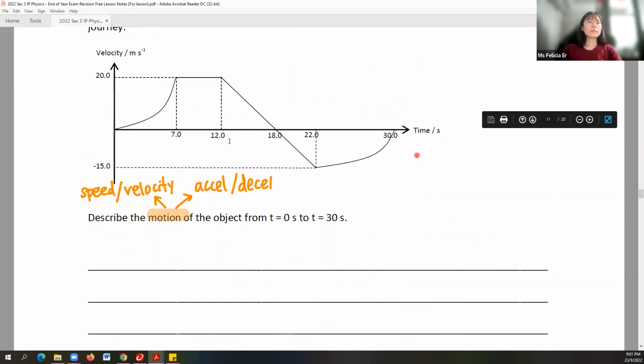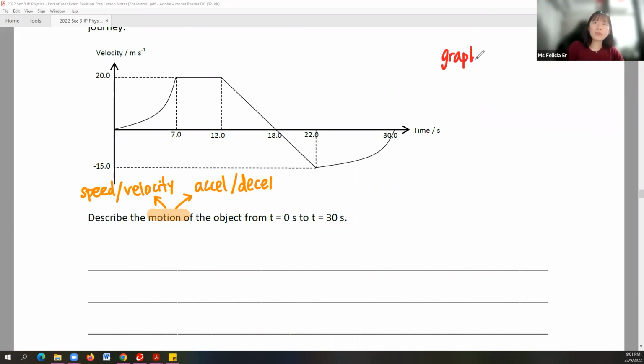Then let's answer section by section. So to tell the velocity, you just directly read. Take note, whenever it is a graph question or a table question, this applies to all three sciences: chem, bio, physics.